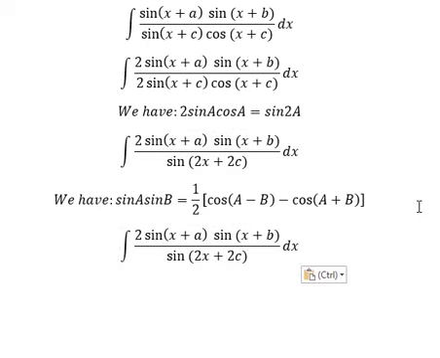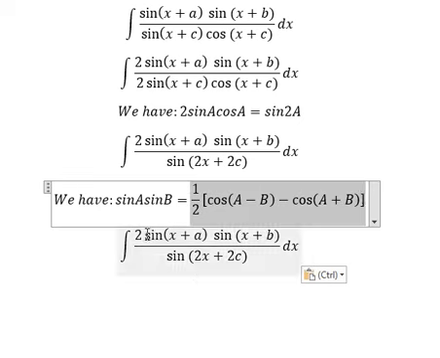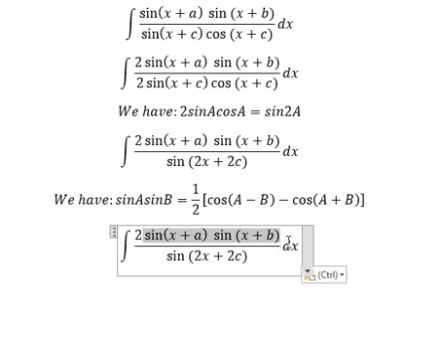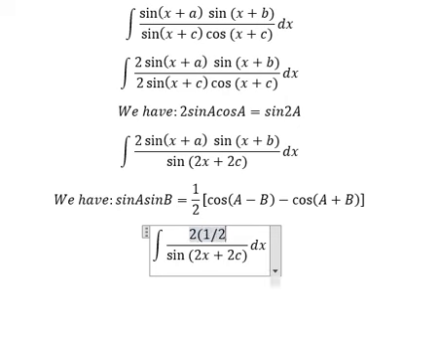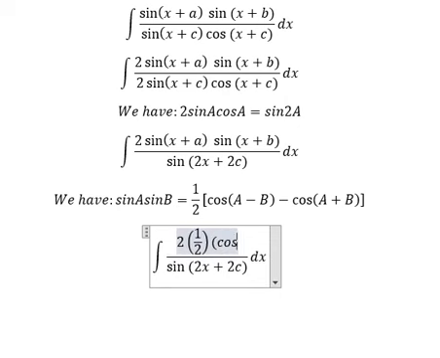So this one that is about capital A, this one that is about capital B. So we need to transform this one into this one. So a, that is about s plus a minus s minus b.